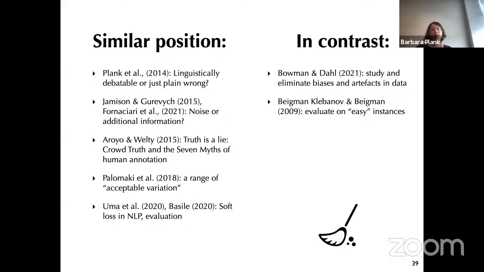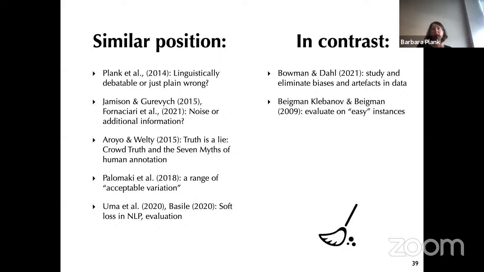Plank, for instance, argued that there is a range of acceptable variation, so looking at instances where variation is really acceptable, whereas in certain other instances it's clearly errors. And there is also work by Uma and Basile on soft labels in NLP.